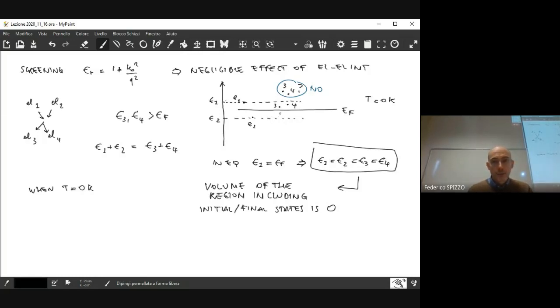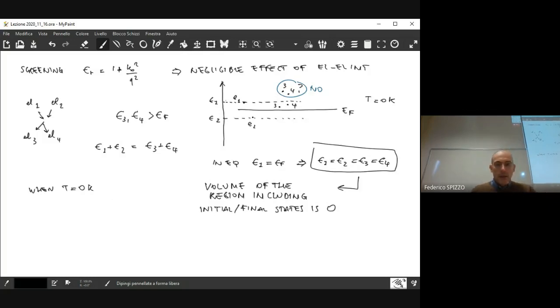And the fact that you have no space for those electrons is a consequence of the Pauli exclusion principle. So the other physical mechanism that prevents the effect of the electron-electron interaction from being observed, when you consider, for instance, the final energy of the electrons, is the Pauli exclusion principle.